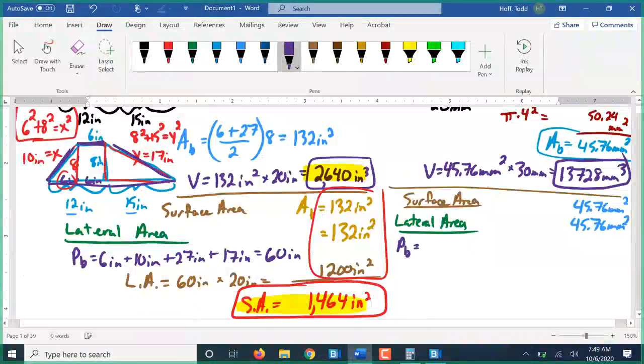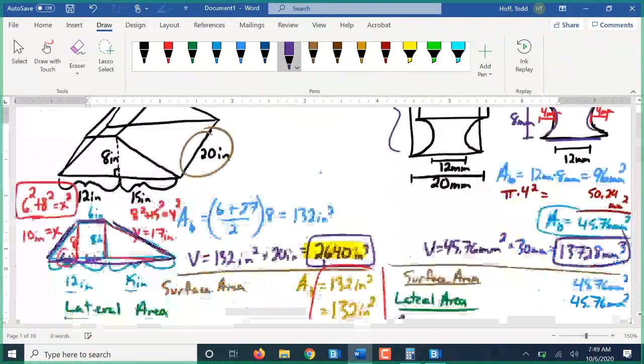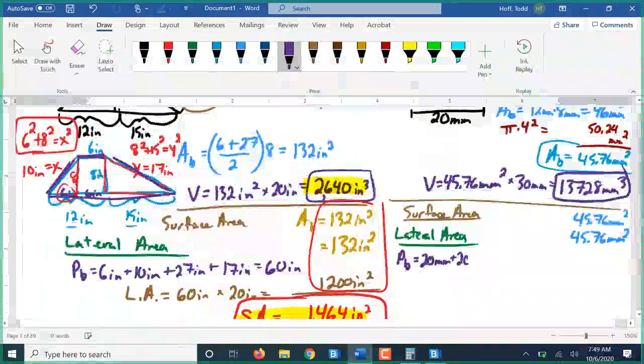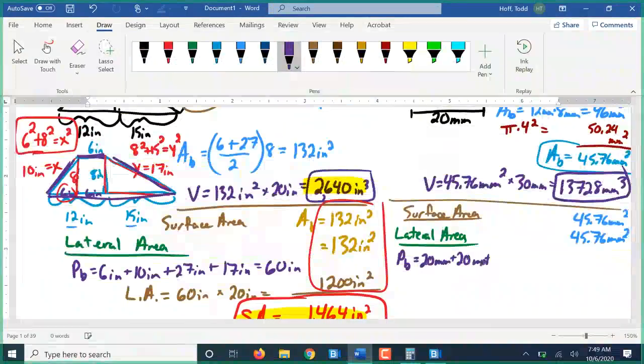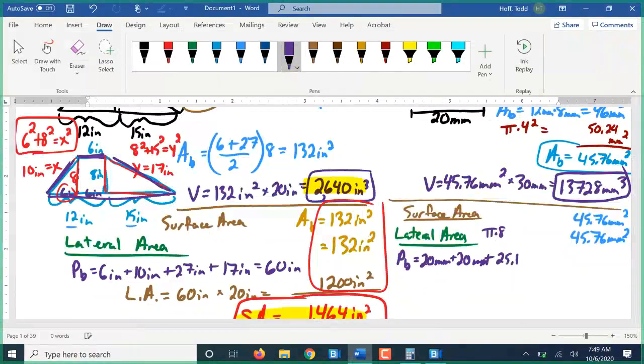Well, for the perimeter of our base here, we have 20 and 20 for those sides, and then we have the circumference of that circle once we put it back together. 20 millimeters plus 20 millimeters plus that circle will be pi times 8, which is 25.12 millimeters, giving us 65.12 millimeters as the perimeter of our base.